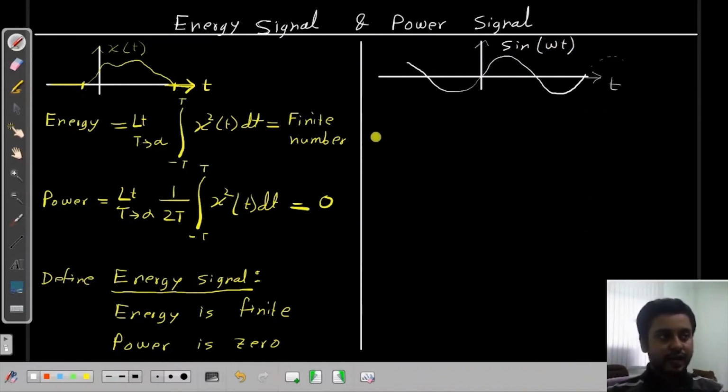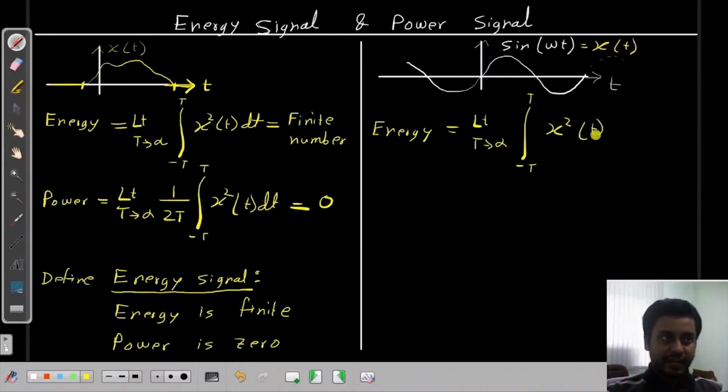Then if you calculate energy, that means you have to do the integration from minus infinity to plus infinity of x square t, that is sine square t dt, you will get infinite. As you take larger and larger values of time, your result of integration will be larger and larger.